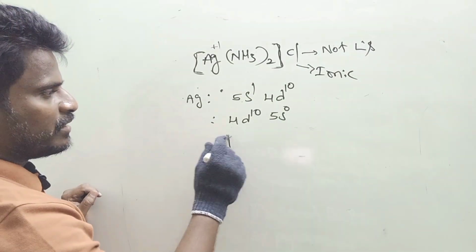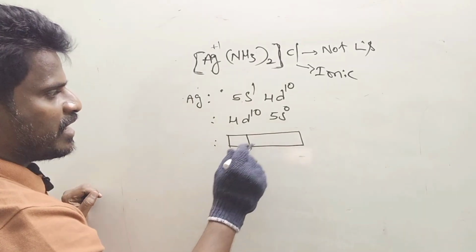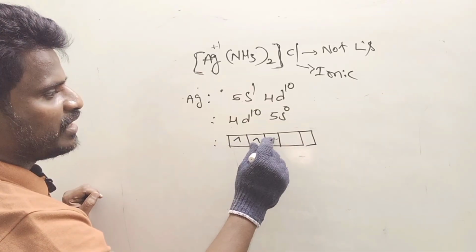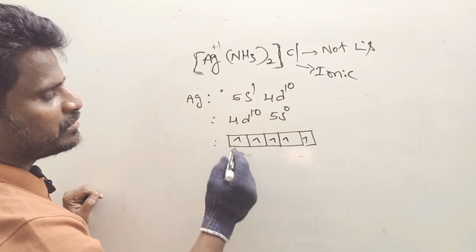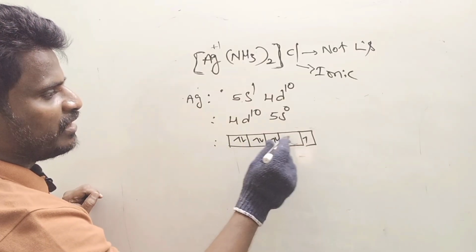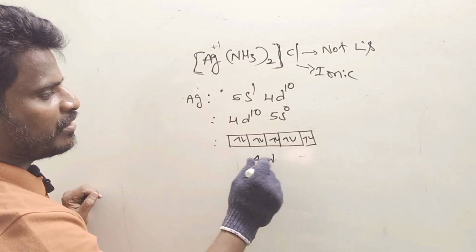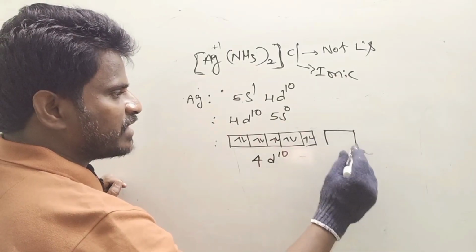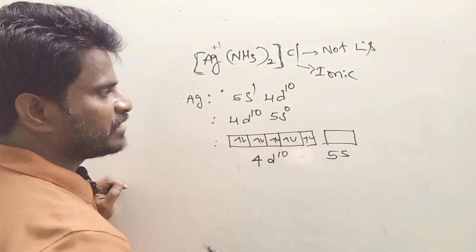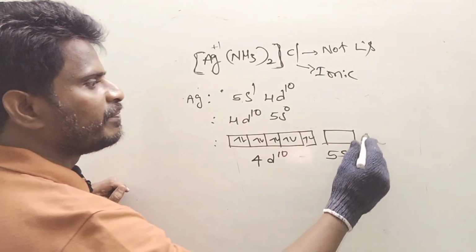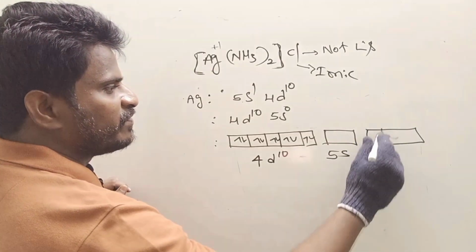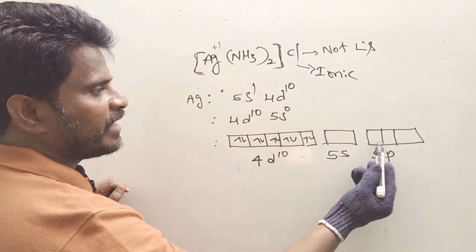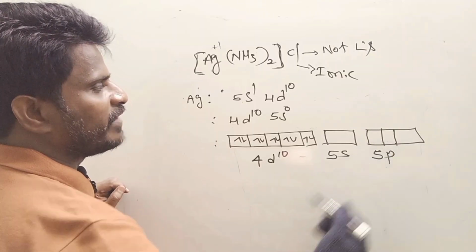In this state, the inner 4d orbital has 10 electrons, completely filled. The 5s orbital is empty, and the 5p orbitals, px, py, pz, are vacant.